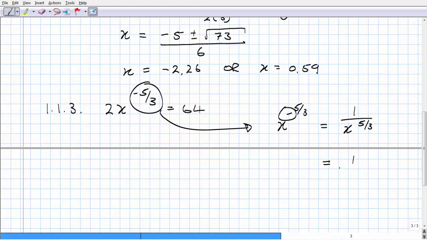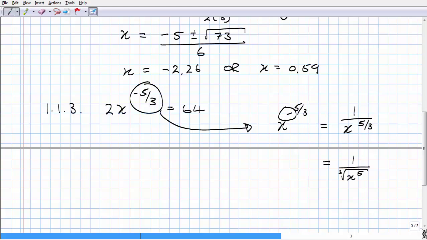So we have 1 over the third root of x to the power of 5. And now, while that might not be important to this specific question, it is important to know in general that this is how we write our powers.